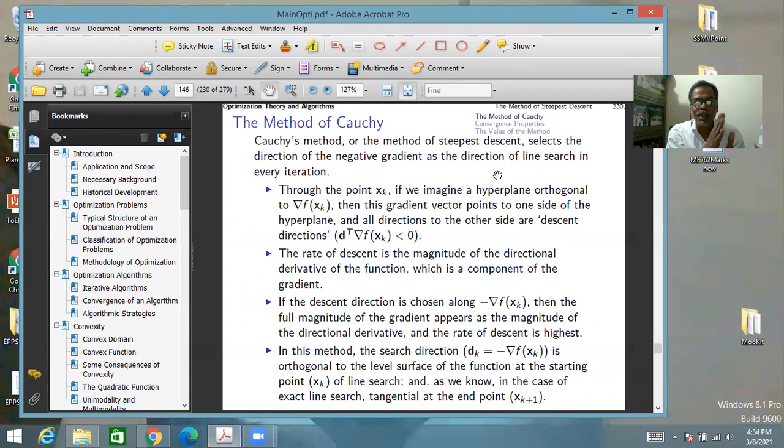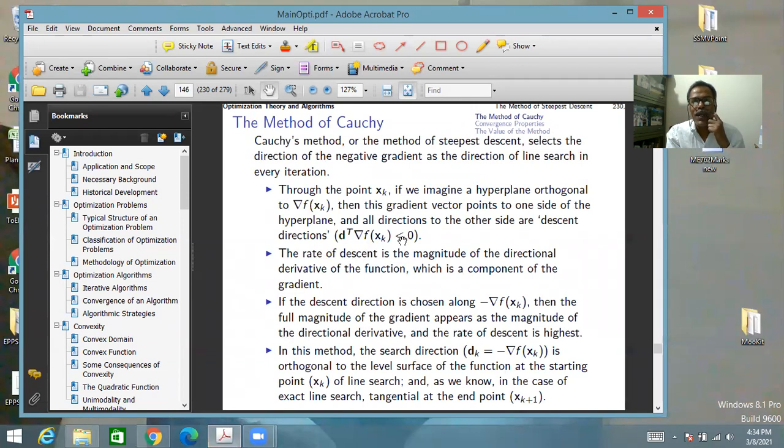And the gradient is orthogonal to that level surface outward, that is away from the minimum. And inward from that level surface or the tangent plane at that point, any direction that you take is a descent direction, because the direction and the gradient have a negative inner product.